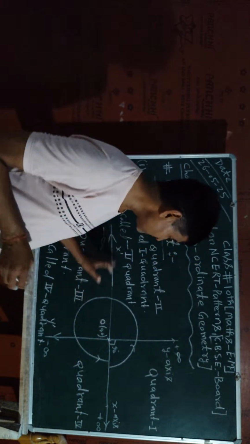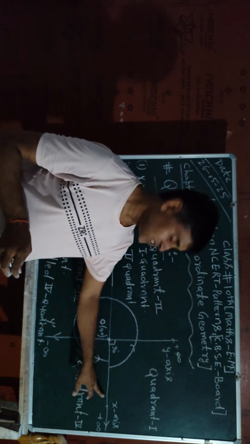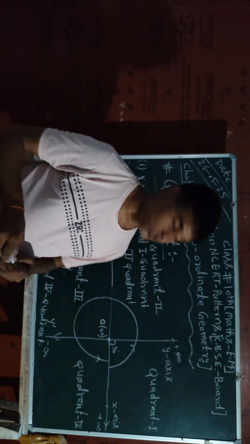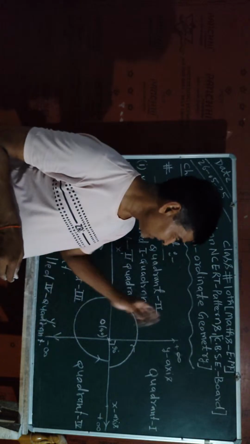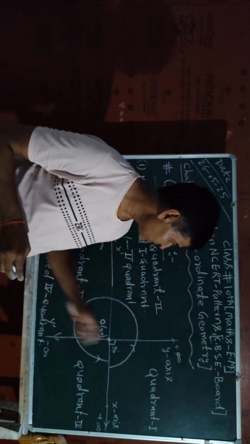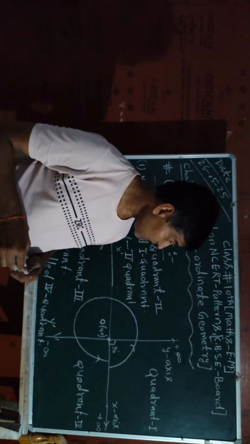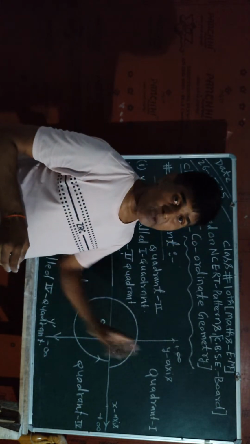All coordinates of the points on the x-axis are of the form x, 0, and similarly all coordinates of the points on the y-axis are of the form 0 comma y.